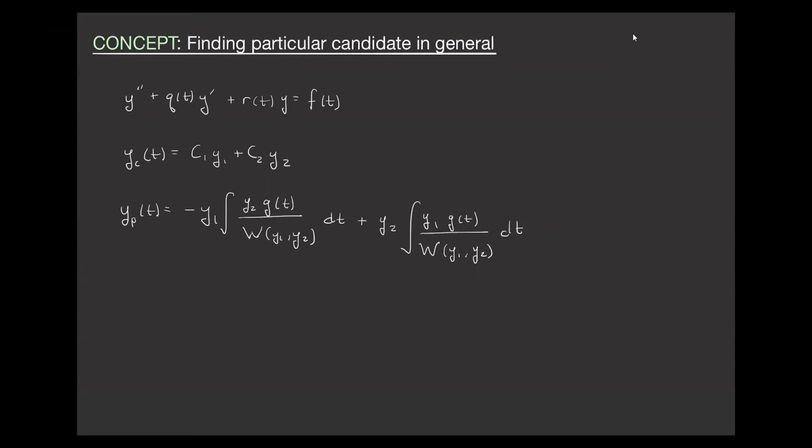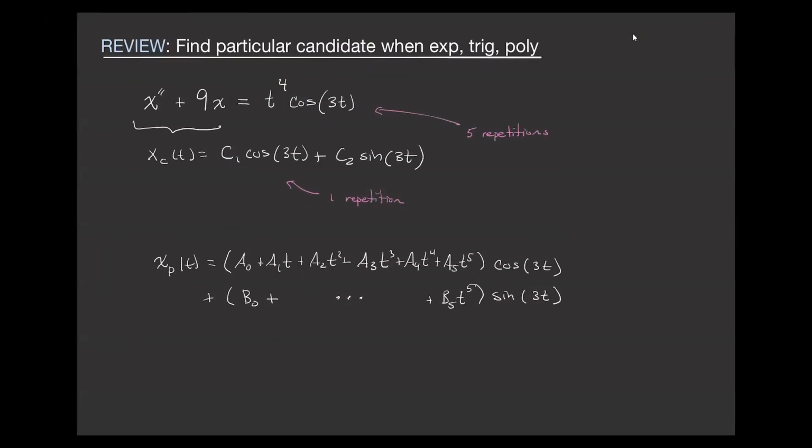Oh, and actually, I want to go back. Someone was asking about how we get the 5 repetitions. We got 5 repetitions from this part because if you think about the polynomial in a more general fashion, that's degree 4.